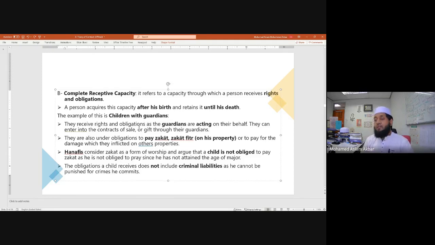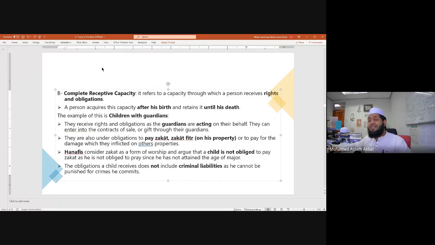So the obligations a child receives do not include any criminal liabilities. Obligations here are things like paying the taxes, handling the property, and paying zakat. These are what we call obligations.